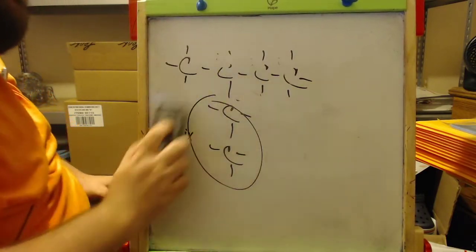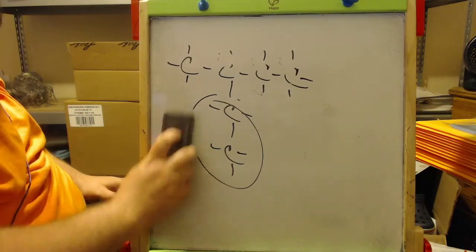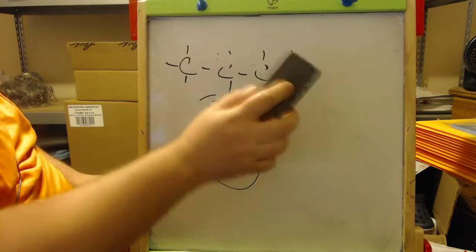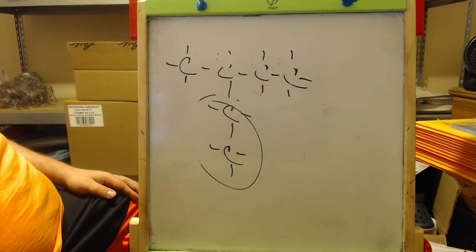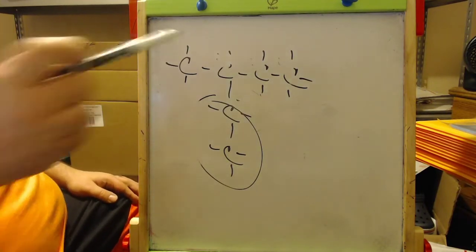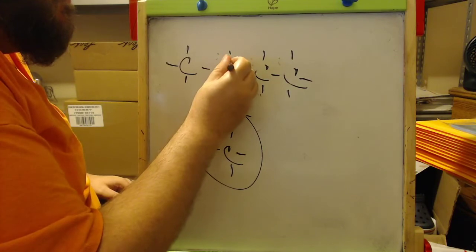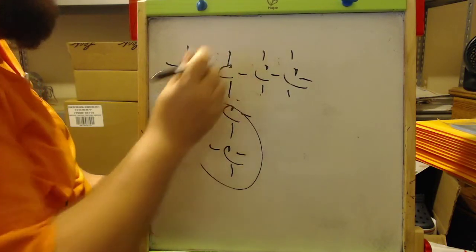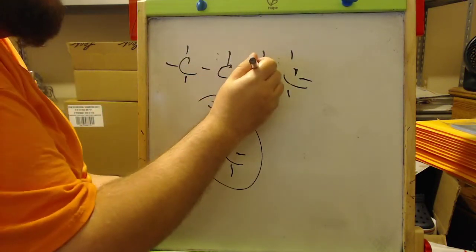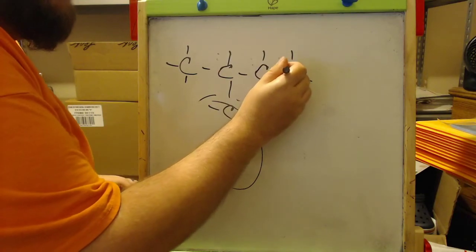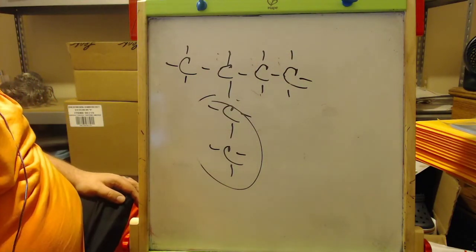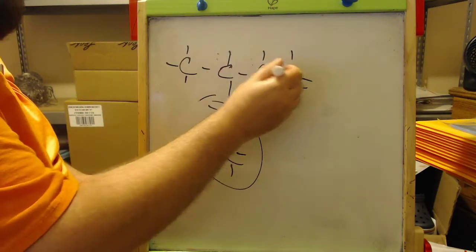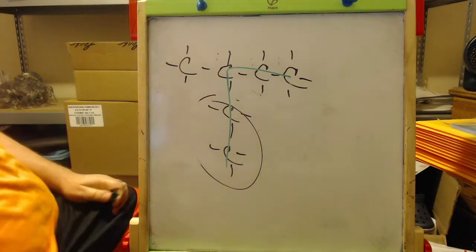And our longest chain is not this one that's going horizontal at all. Our longest chain, I'll finish my C's off here that I erased. Our longest chain is actually right there.